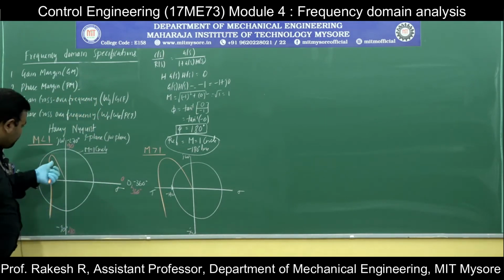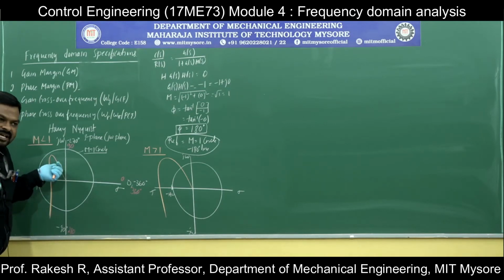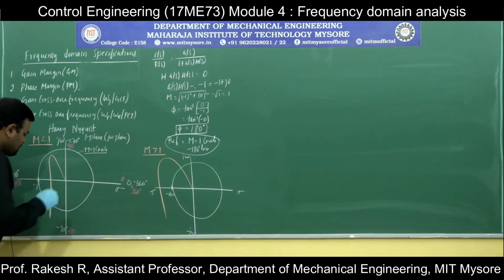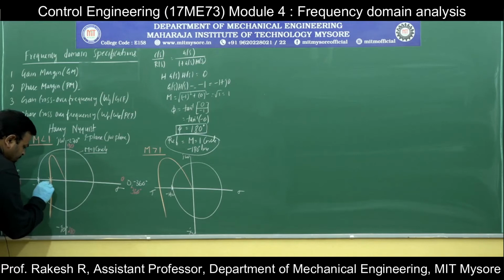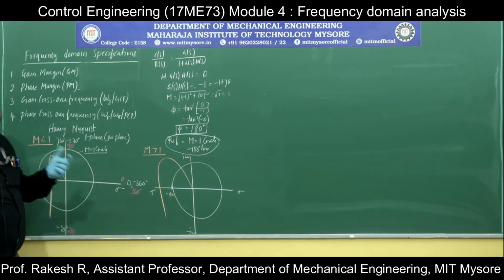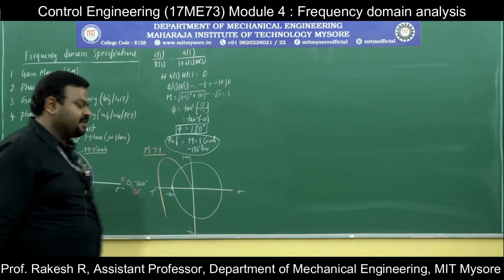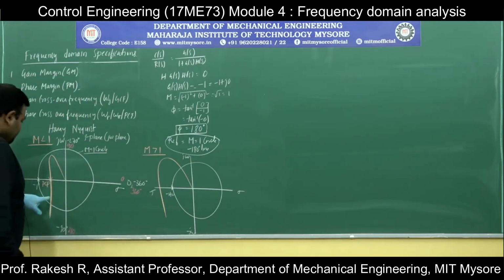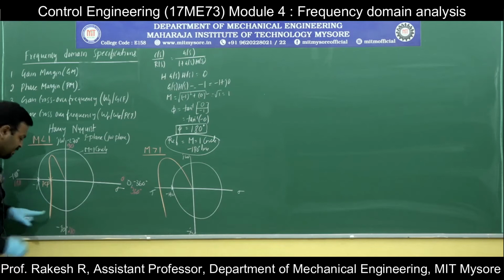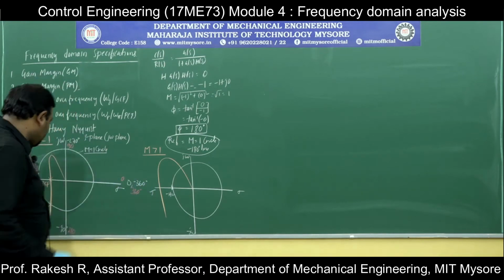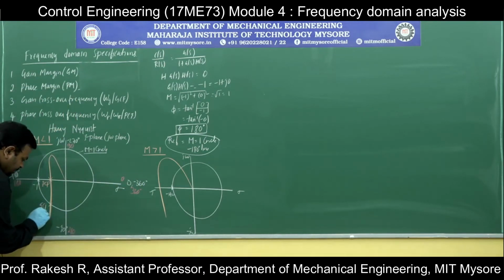Here this plot is touching the minus 180 degree line. So this point is called the phase crossover point. 180 degree corresponds to phase angle, hence the point is called the phase crossover point. Similarly, this plot is touching the magnitude M is equal to 1 circle that is corresponding to gain, hence it is called the gain crossover point.